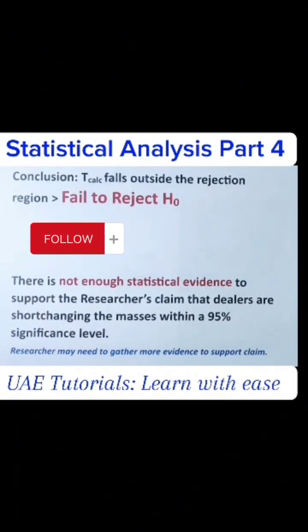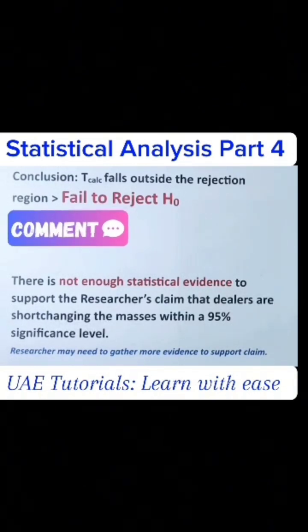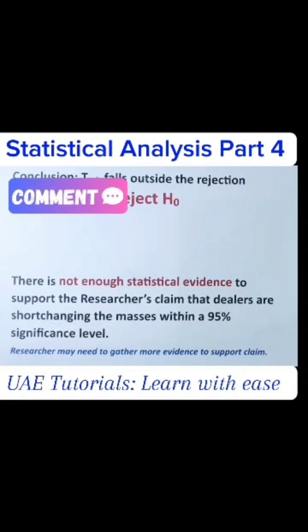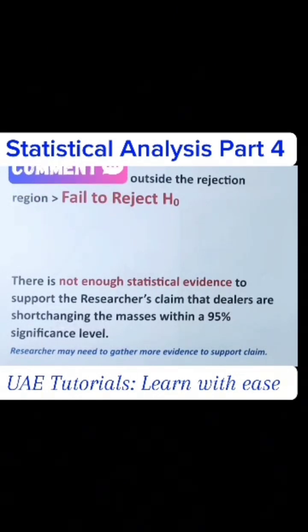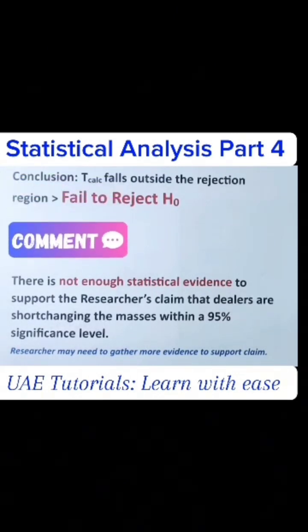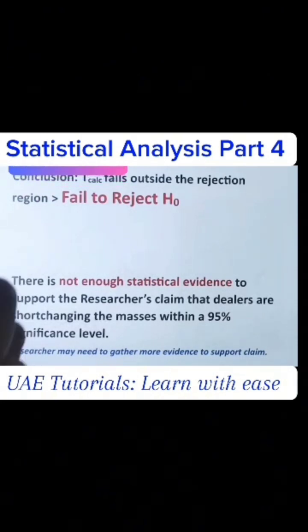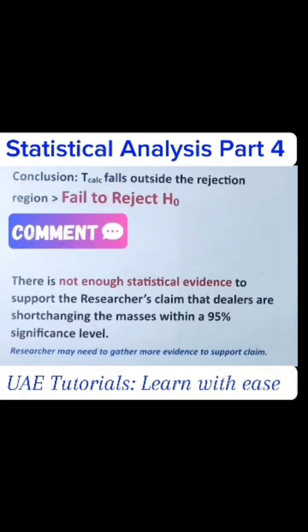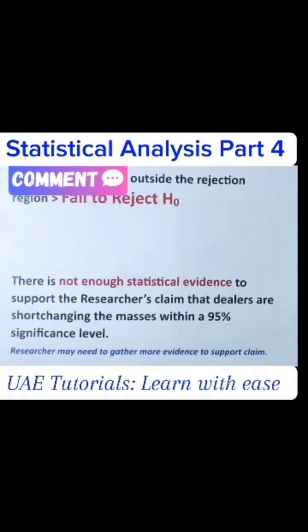Meaning, we still hold on to the traditional accepted view that the average PMS price is still hovering around 600. We do not have enough evidence to prove that dealers on a whole, even if some are shortchanging the masses, not all of them are shortchanging the masses. So this is all about hypothesis testing.